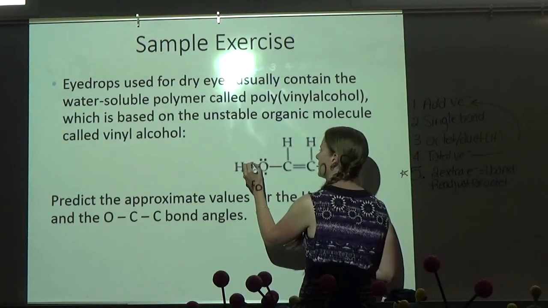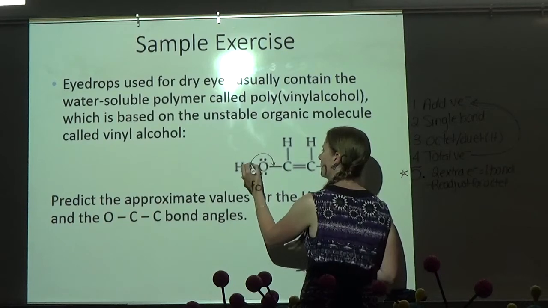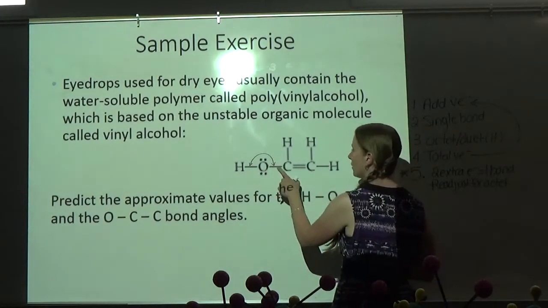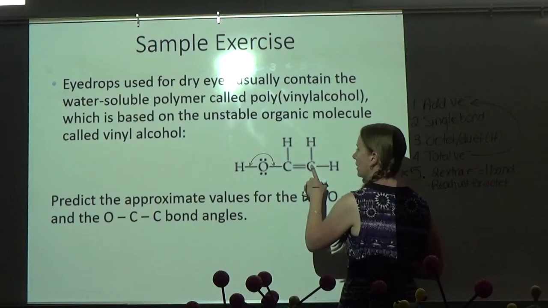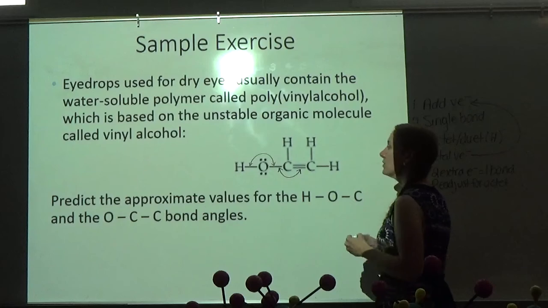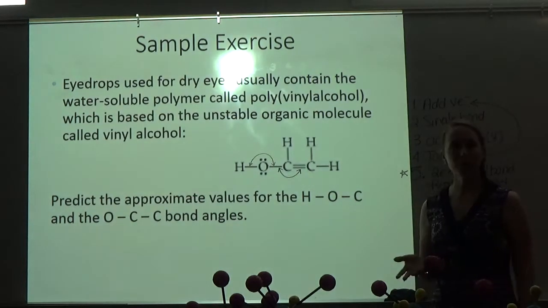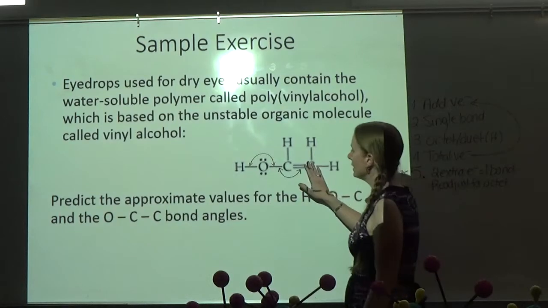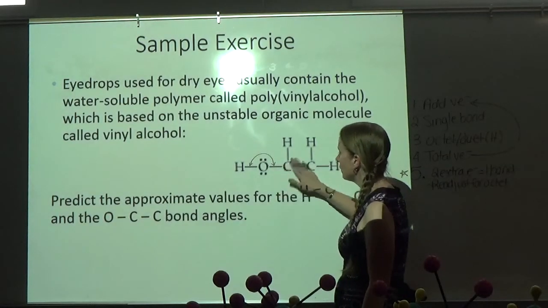So we want to look at this bond angle. And then we have OCC, so that would be across this right here. So we're also looking at this bond angle. When you're looking at bond angles in an entire molecule, just disregard the rest of the molecule for part of it. So like, let me just disregard this part.